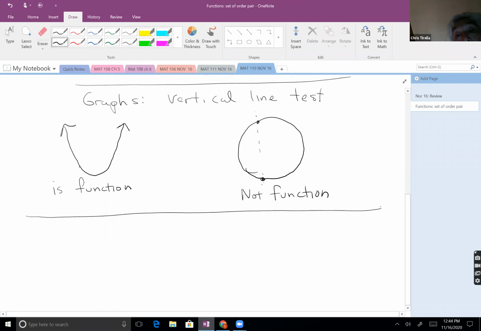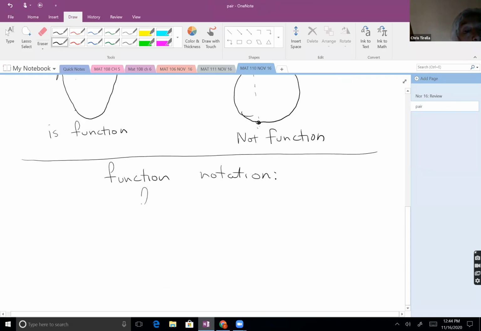With functions, we also looked at the idea of function notation. And function notation, we'd have f of x is equal to something. And we said that f of x is just a fancy way of writing y.